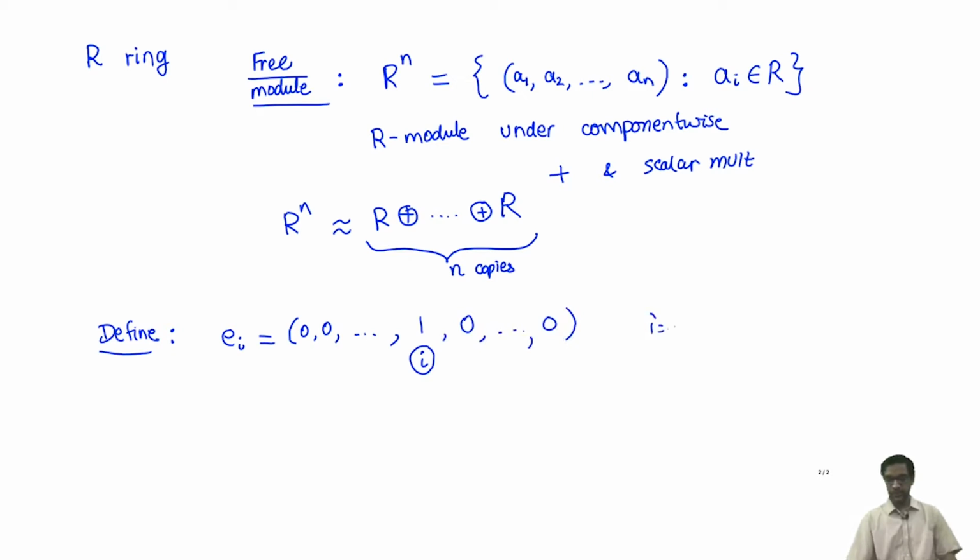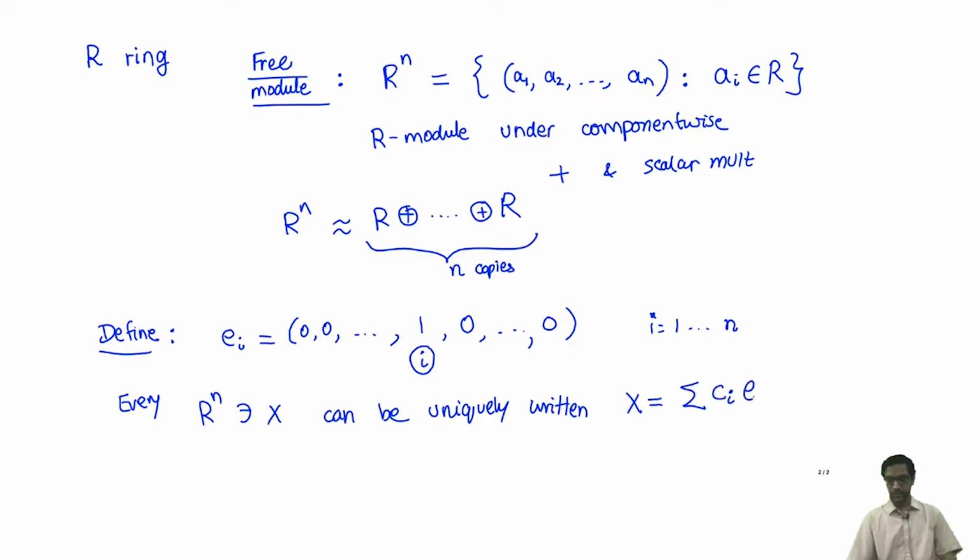We define this as ei, i goes from 1 to n, and as is clear, because the operations are component wise, if I take an element x in R^n, then every element x in R^n can be uniquely expressed as a linear combination of these ei's, summation ci ei. This is more or less from definition, where the ci's come from the ring R.